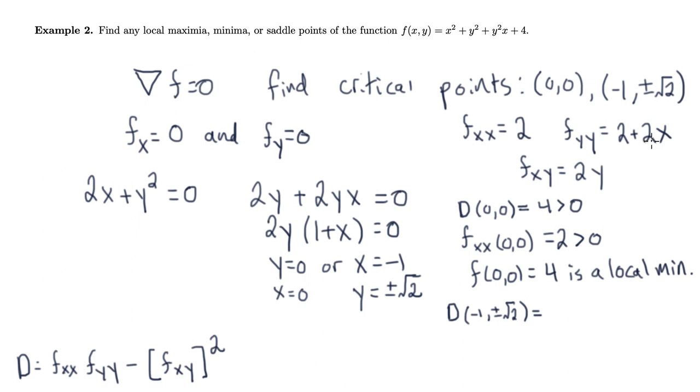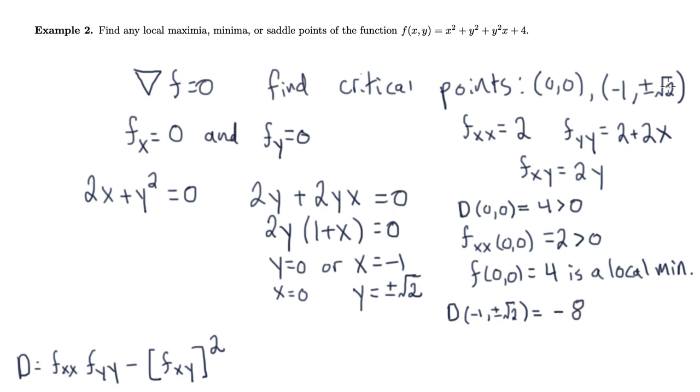And then what do I do next? Well, that's going to be 0 minus, if I plug in plus or minus root 2 for y, I'm going to have a number squared, so in both cases it's going to be 4 times 2, so it's going to be 8, so -8, sorry.